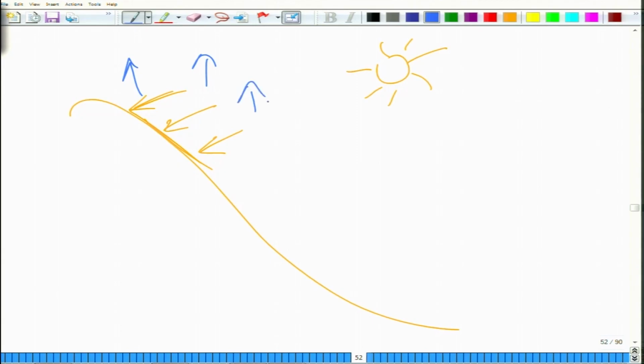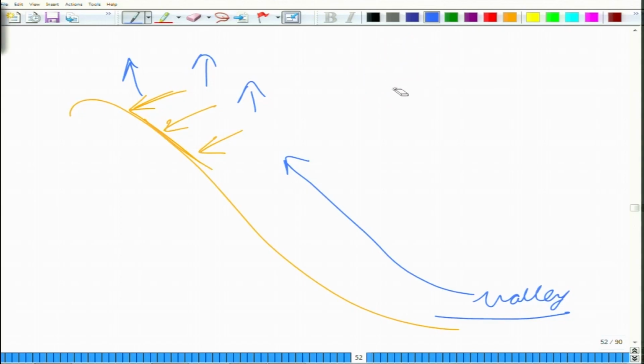Now, the cold air that is there in the valley, so here you have the valley, will start rising upwards to fill up the gap. So, this is the kind of wind pattern that we will observe in the daytime, and this is known as a valley breeze.